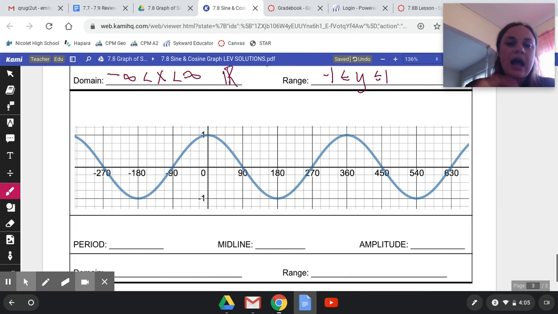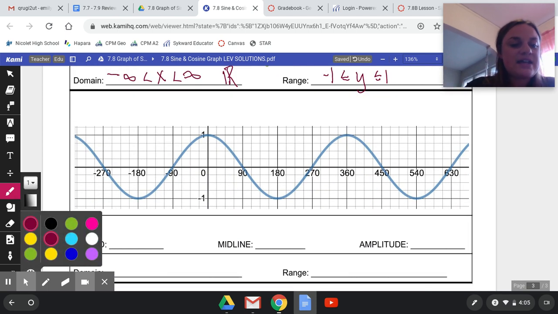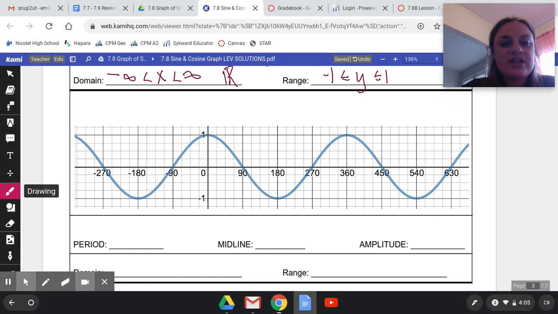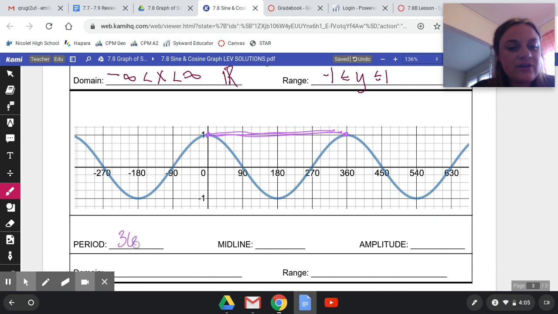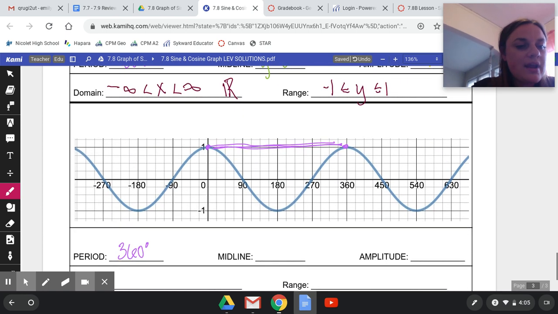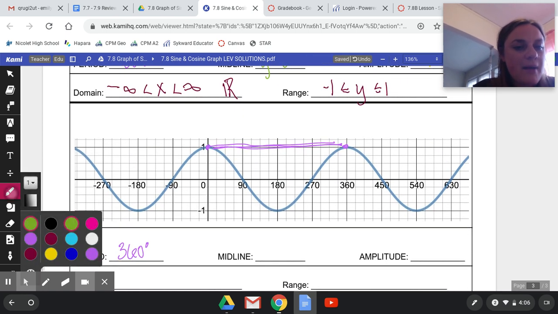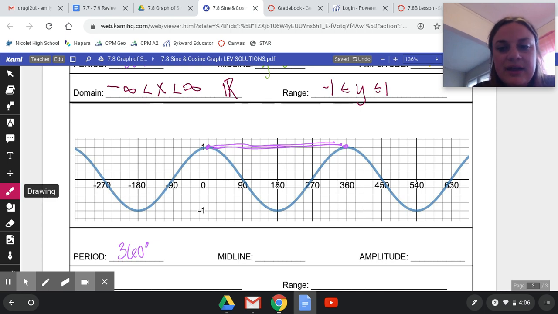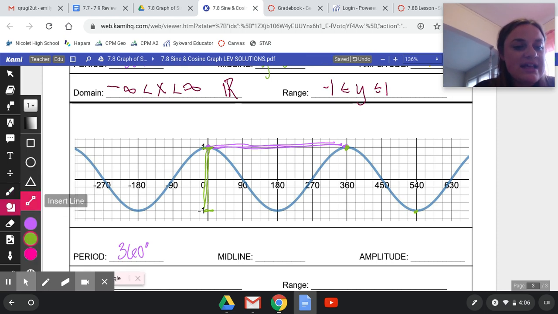A lot of things are going to be the same, at least as we're introducing these without any transformations. Looking at my period, let's look at these two peaks, the distance in between them from 0 to 360, 360 degrees. It's not so bad. As I look at my midline, my topmost point is at 1, my bottommost point is at -1, and halfway in between is once again at 0.